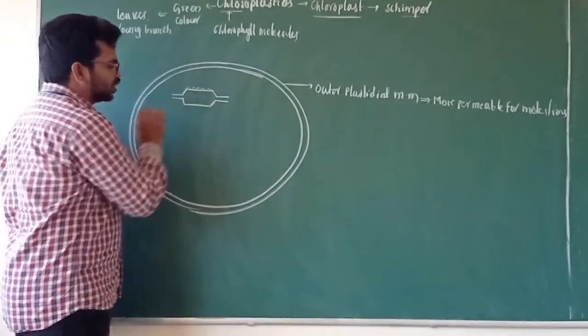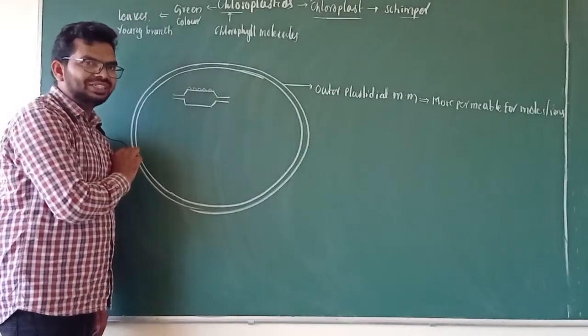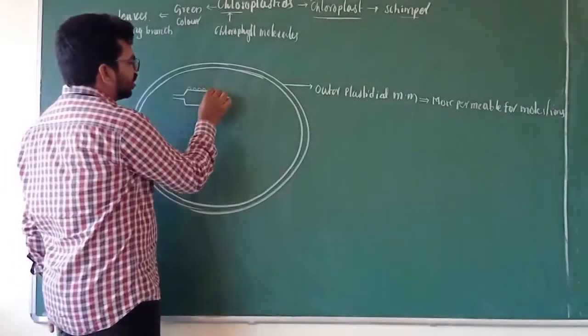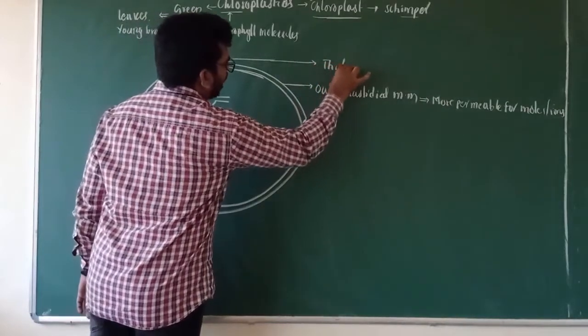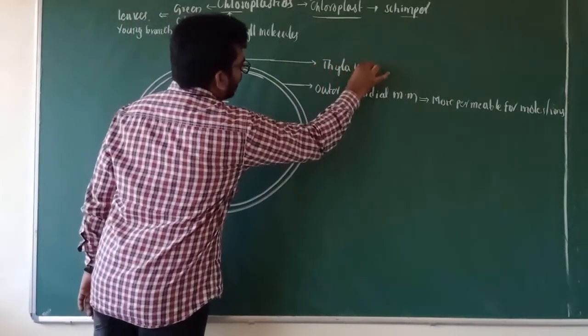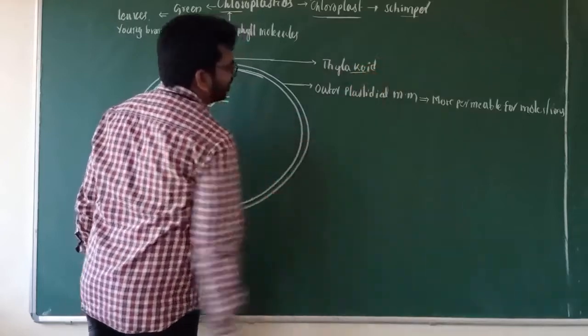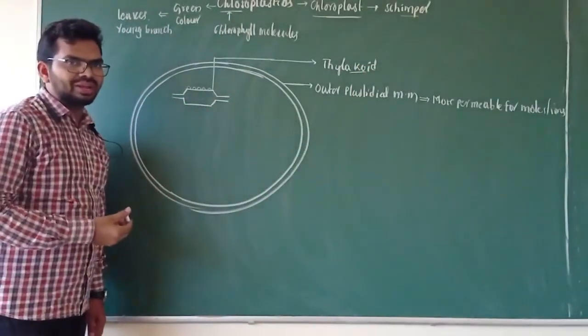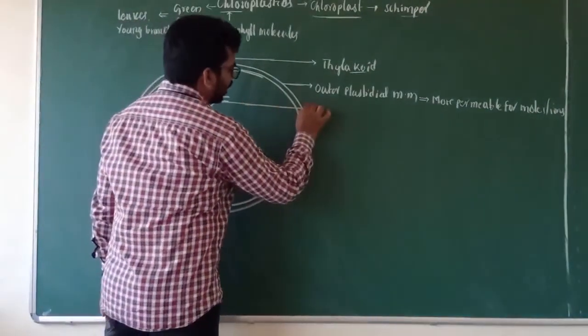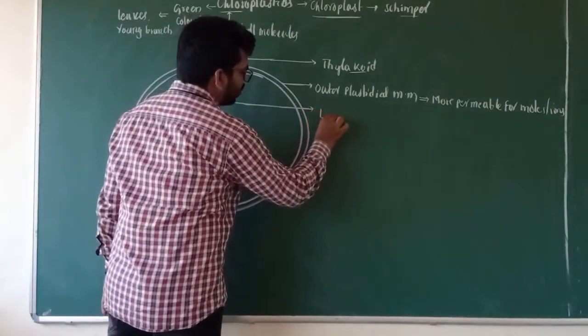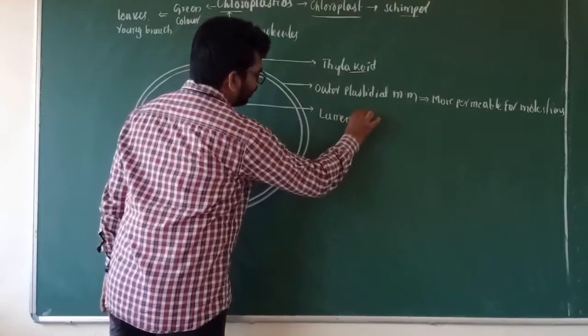Whatever free space is present inside the thylakoid, what do we call it, children? The membrane around the thylakoid is the thylakoid membrane, and the free space we call the lumen.